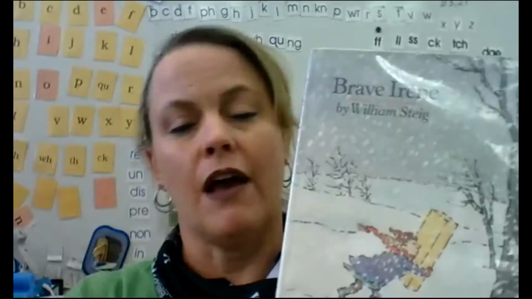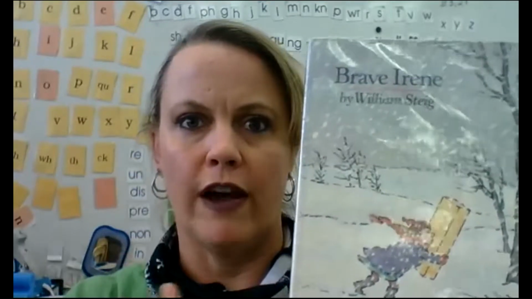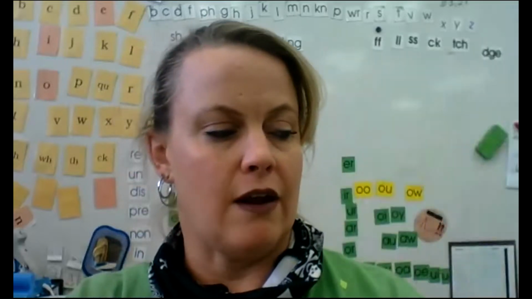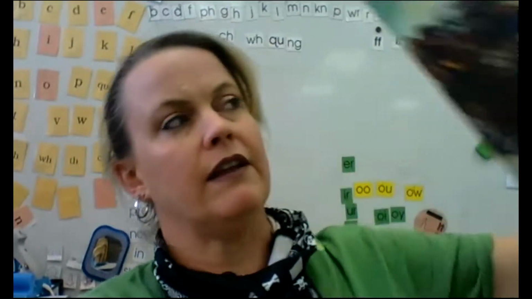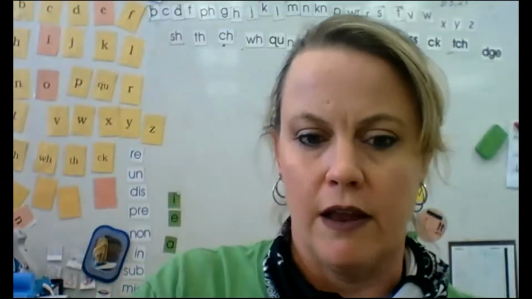And I've gotten to where now, since we're doing a lot of virtual things and I don't want to violate any kind of copyright laws, I'm choosing books that are found on Storyline Online. So I have that book, and I'll show you what Storyline Online is in a second if you're not familiar with it. And then this will be the next book that I'm doing. Both of those are on that Storyline Online website.